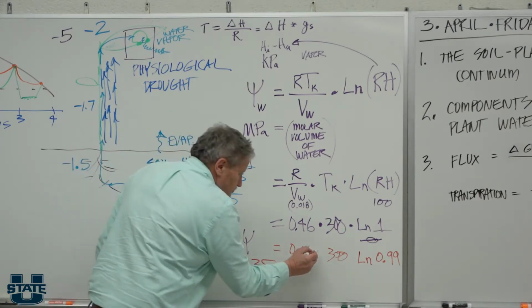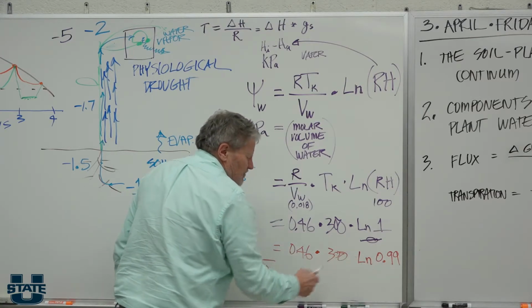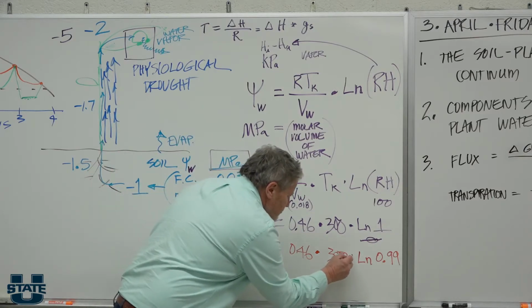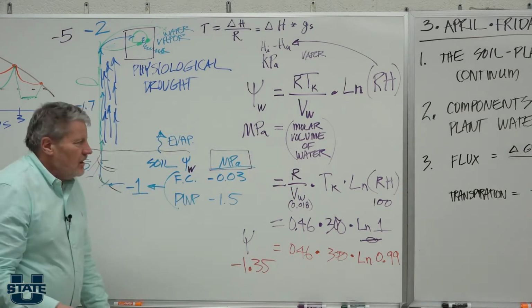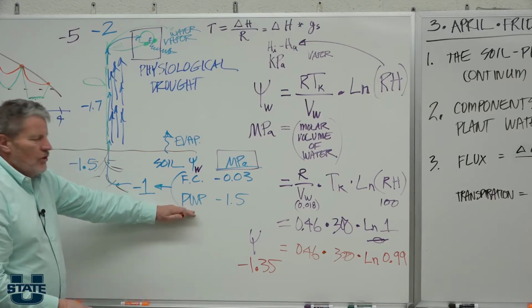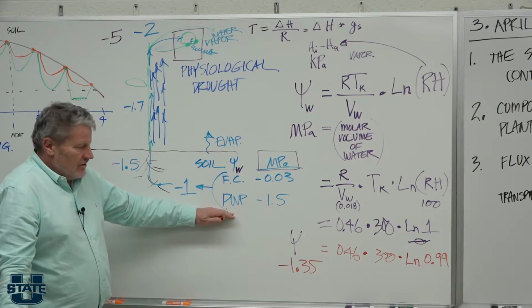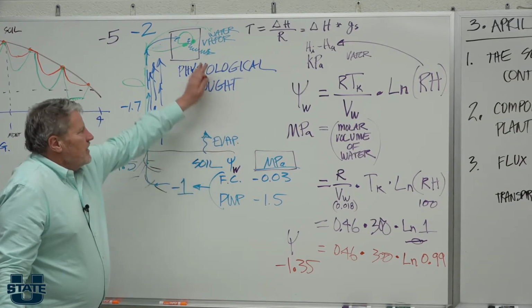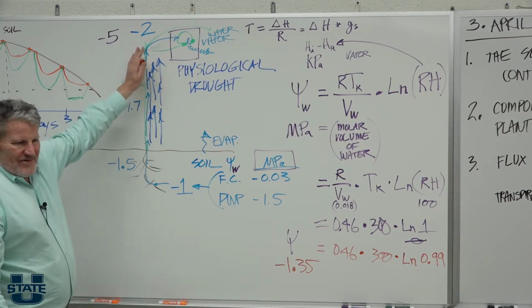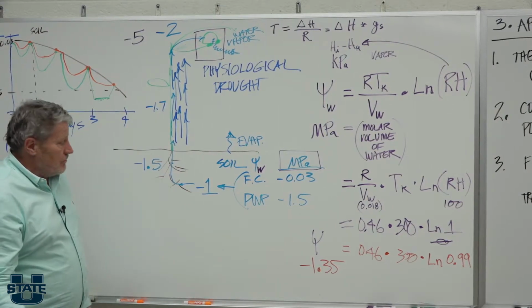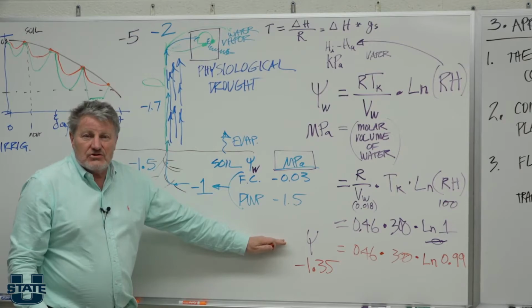Wow. Log of 0.99 is a tiny number. At 99% humidity, we are almost at permanent wilting point. That is just amazing. That's why plants can't get water out of the air, except if it's fog. They got to get liquid water out of the soil, because even at 99% humidity.